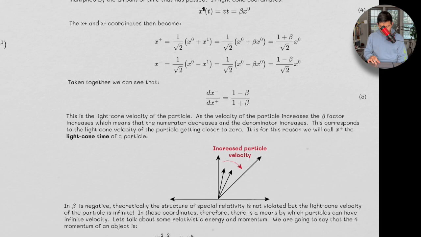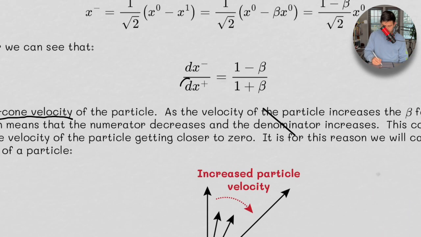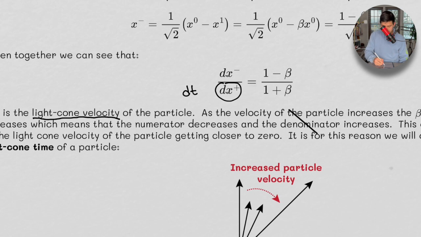This is the light cone velocity of a particle. I should probably bold that. Where dx plus is dt, so this is the derivative then, dx minus by dt, okay?